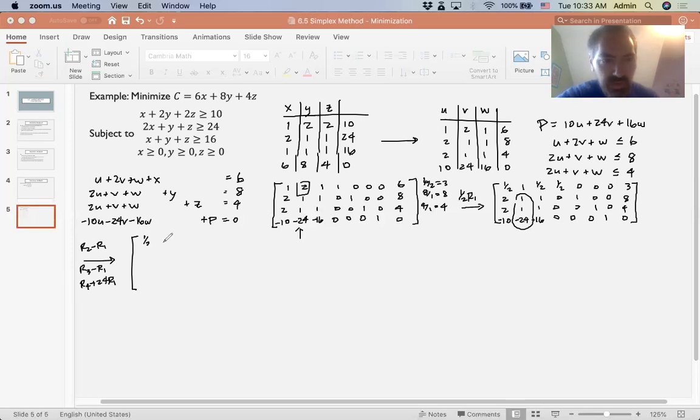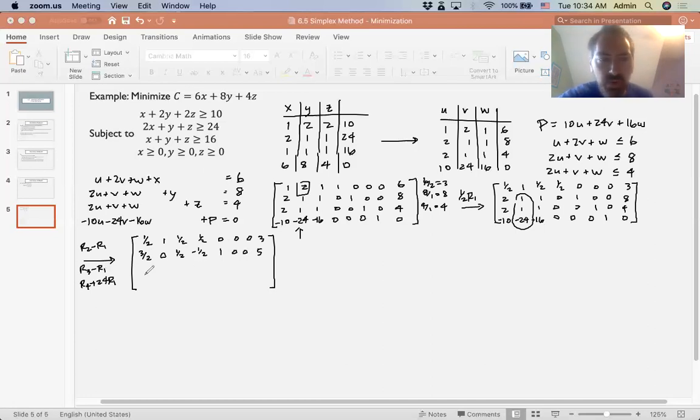Row 1 stays the same. So row 2 minus row 1: 2 minus 1/2 is 3/2, 1 minus 1 is 0, 1 minus 1/2 is 1/2, 0 minus 1/2 is negative 1/2, 1 minus 0, 0, 0, and 8 minus 3 is 5.